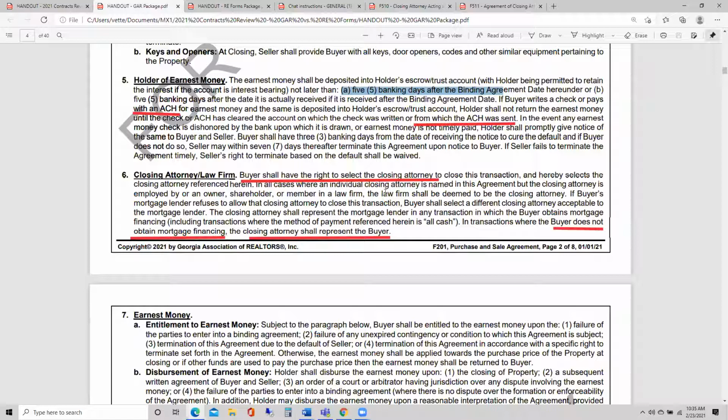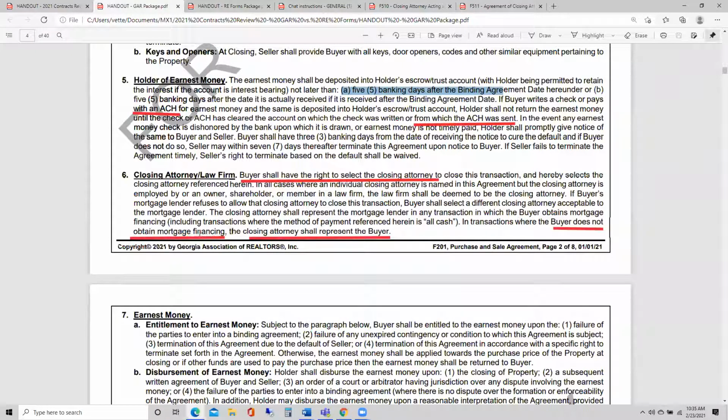Well, if the seller's paying all the closing costs, the seller's paying the fee, the seller should choose. I'm just telling you guys what's in the purchase and sale agreement. If the seller and the buyer negotiate through that, then the buyer accepts whatever the closing attorney is. But I'm just telling you what's pre-printed in the GAR purchase and sale agreement.